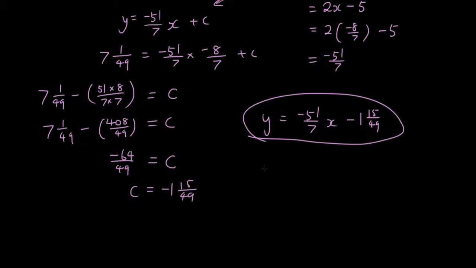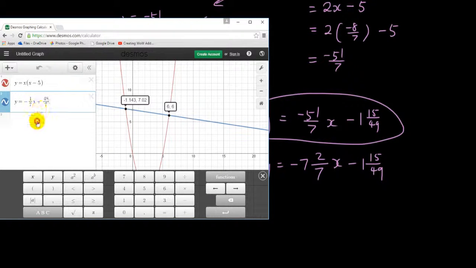Now you might want to express the fractions as mixed number fractions, so in that case it'll be negative 7 and 2/7. So let's draw that on our Desmos.